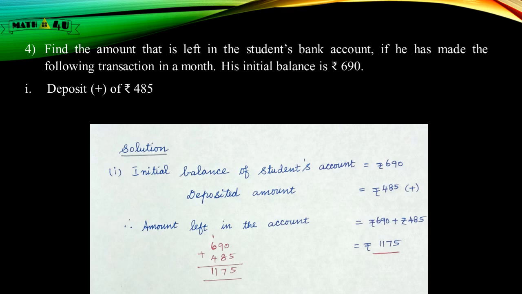So, initial balance of student's account is rupees 690. Deposited amount rupees 485. So when you add these two numbers, the amount becomes 1175. Therefore, amount left in the account is equal to rupees 1175.